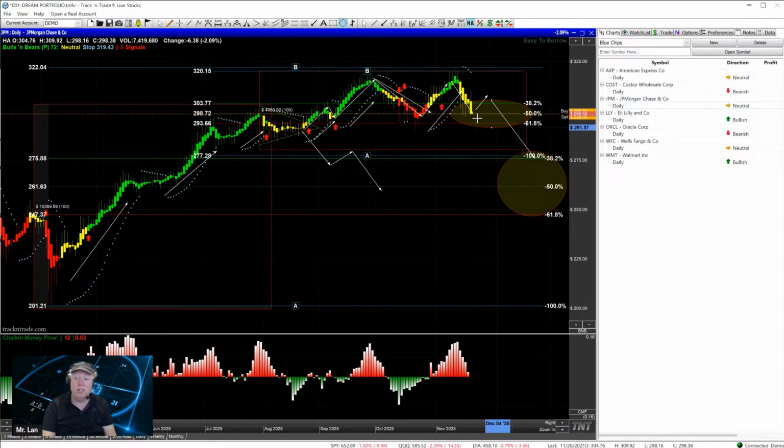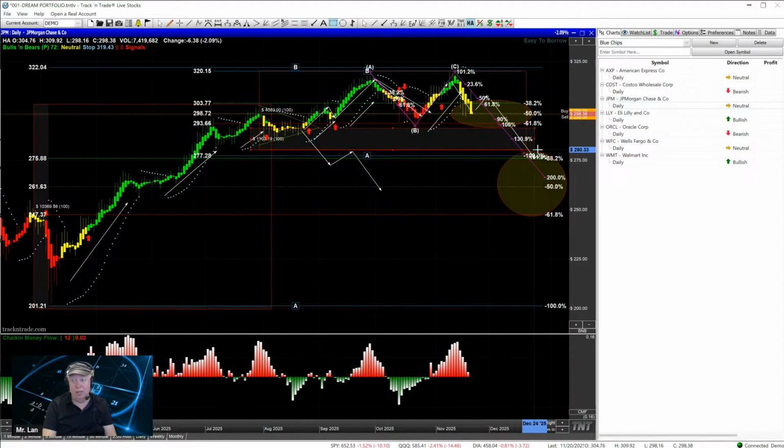I think we're going to watch this and see, but this looks to me like it's making a little Fibonacci topping formation up here, a nice little double top. We might see it down here, 130.9, maybe down testing some of these regions here. It's just a really strong market right now, but I think we need to get some sort of a pullback and an opportunity to buy low. So I think we're going to be watching right down in here. We'll be watching for some green bars down in here on JP Morgan Chase.